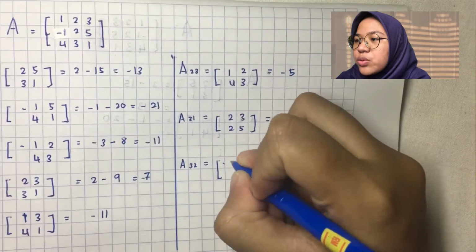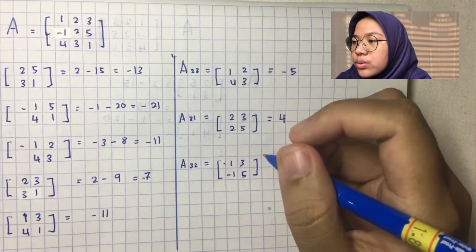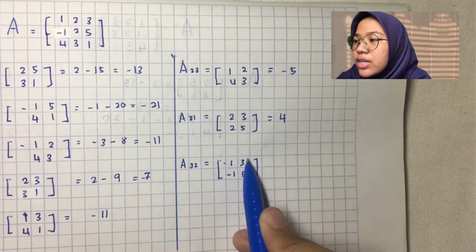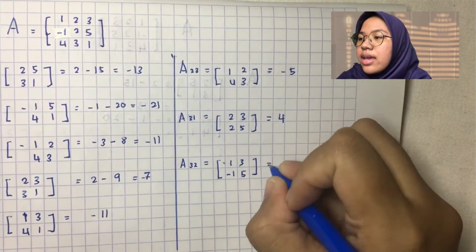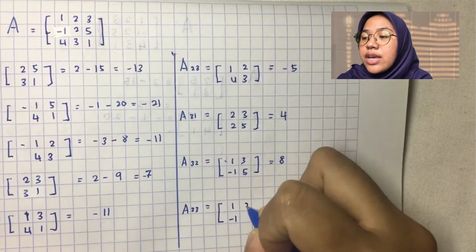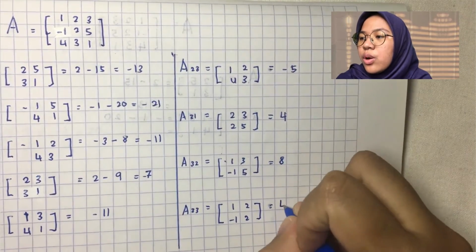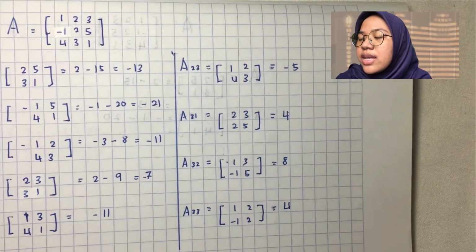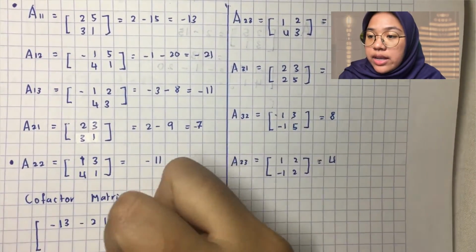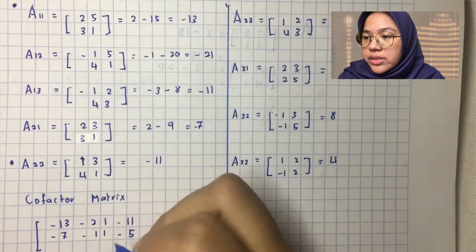For A 3, 2 equal to 1, -1, 3, 5, the answer is 1 multiple 5 minus -1 multiple 3, the answer is 8. For matrix A 3, 3 equal to 1, -1, 2, 2 equal to 1 multiple 2 minus -2 equal to 4. After that, write down all the 9 cofactors into 3 by 3 matrix.